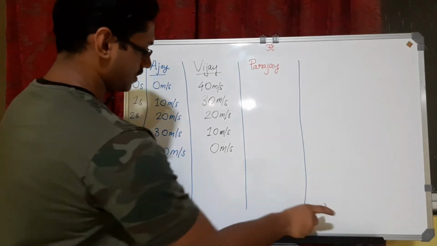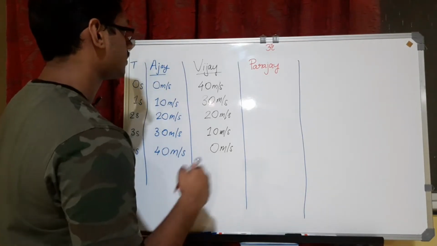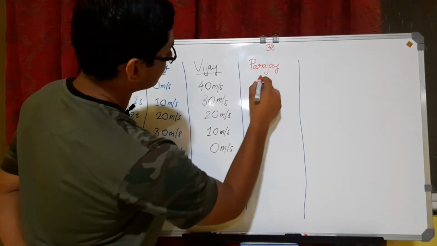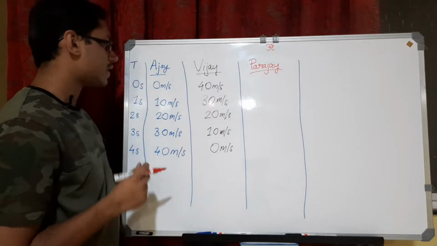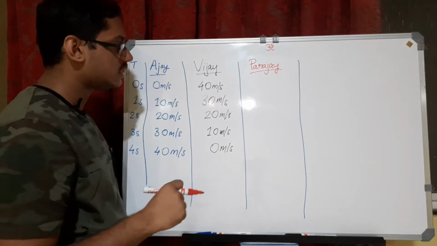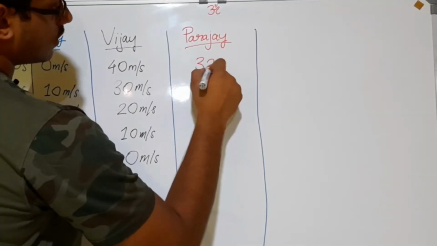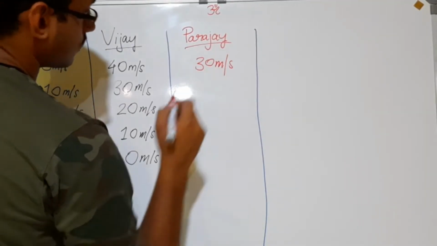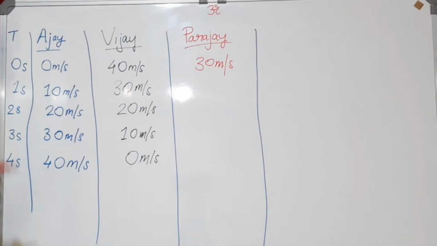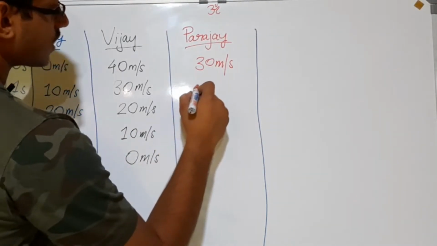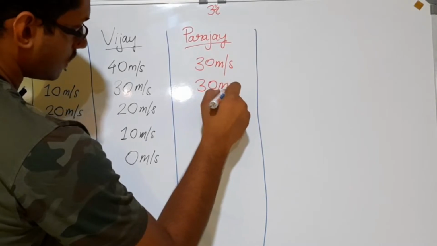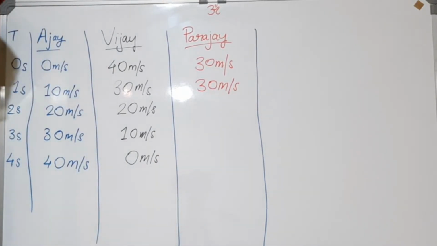Now let's see Parajay. At the 0th second, his velocity was seen to be 30 meter per second. At the first second, his velocity was again 30 meter per second. No change.